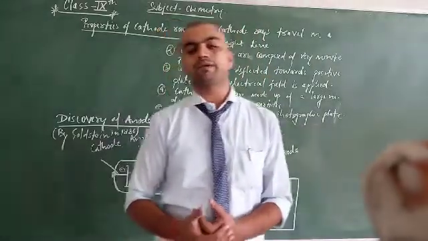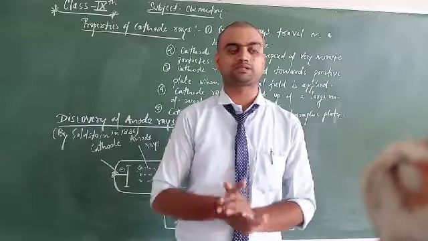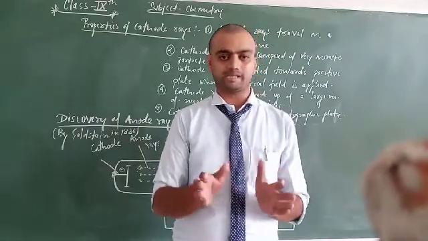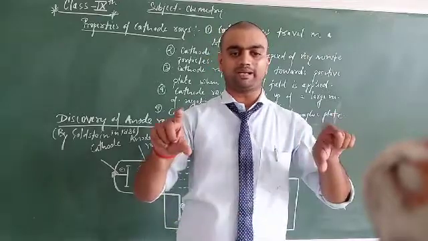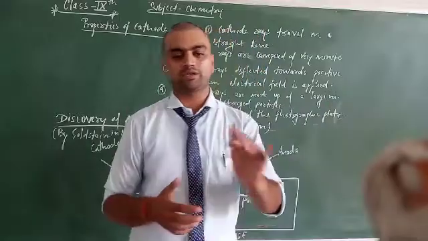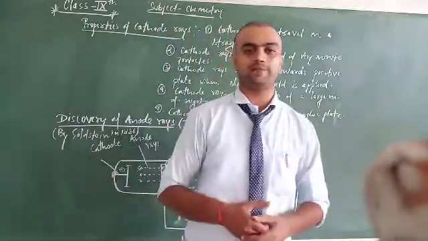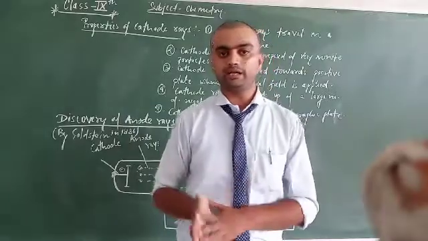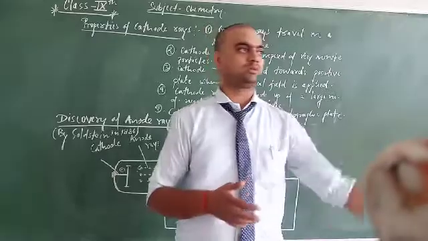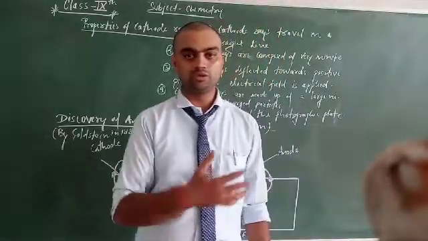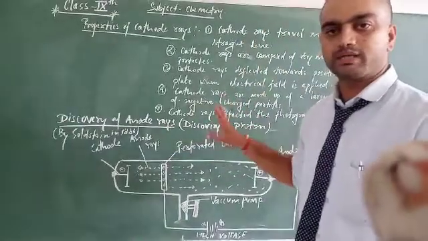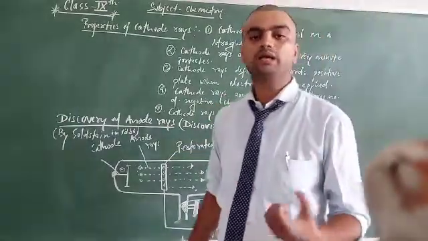For the discovery of cathode rays, Julius Plücker selected a discharge tube with some gas enclosed inside it, and through metal rods known as cathode and anode connected with a high voltage source, and after reducing the pressure, many things happen inside the discharge tube, and finally we get the cathode rays, which originate from the cathode and fall on the walls of the anode. Clear? So now we have to talk about the discovery of anode rays. Clear? How were anode rays discovered?